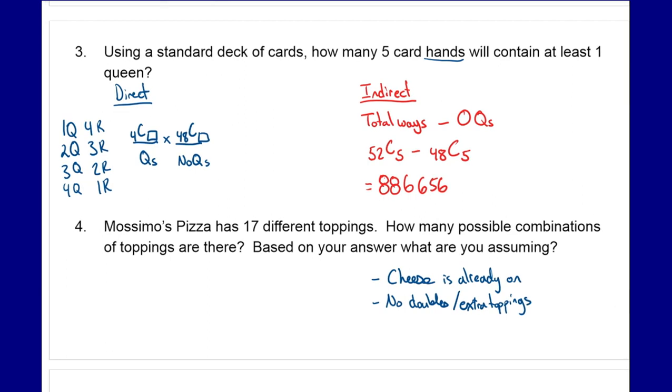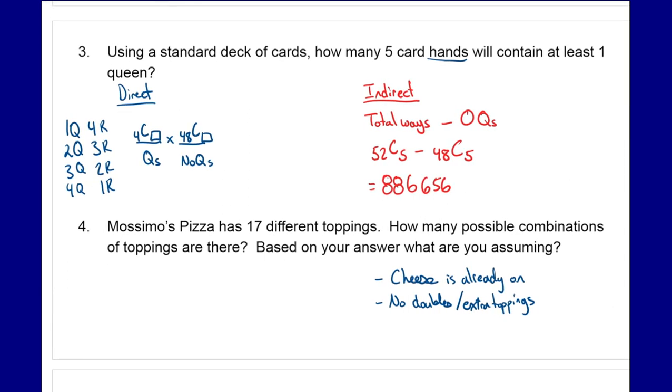So only 1 topping, no extras, no doubles, cheese is already on. How many different possible combinations are there? Well, you could go through and say, well, I have 17 options and I choose 1 or 2 or 3 or 4 or 5 or 6 or 7 or 8 all the way through. Or the quicker way, each item has 2 options.